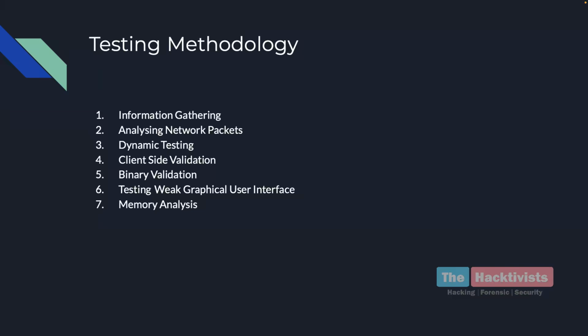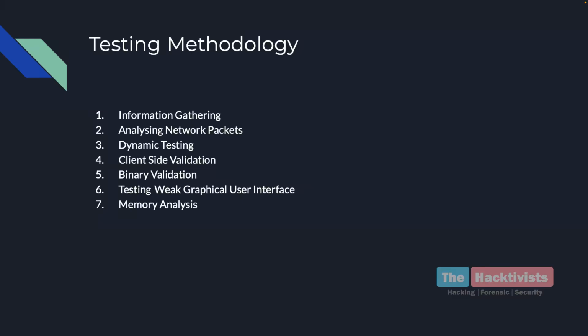For example, if there is an admin user who is logged in, right? The admin user will see one of the pages, which is the configuration page, right? For a normal user, once I'm logging in, the page will be available, but I will not be able to see it. It will be in a hidden format. So if it is having a weak graphical user interface, I can unhide it with a set of tools. And even though I'm a normal user, I can go forward and see those specific things, right?